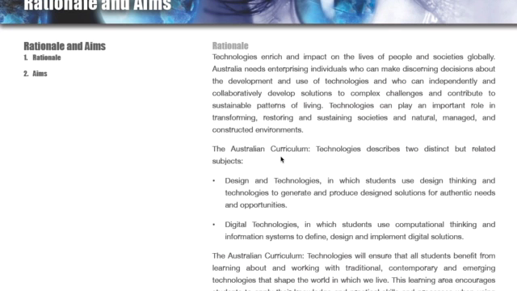Just as with science, you've got a key lens, the scientific method, and being scientifically literate, you see the world differently when you understand the fundamental concepts of science behind the world, and likewise with mathematics and with geography and history. So, as with technologies, there are different ways of viewing the world when you have a deeper understanding of the technologies and how they work and how they contribute to our interactions in the world.